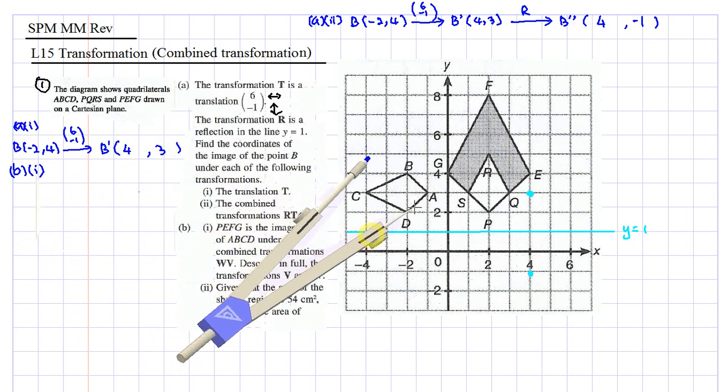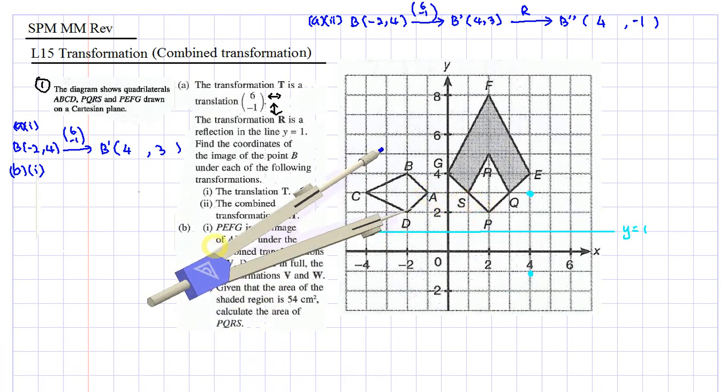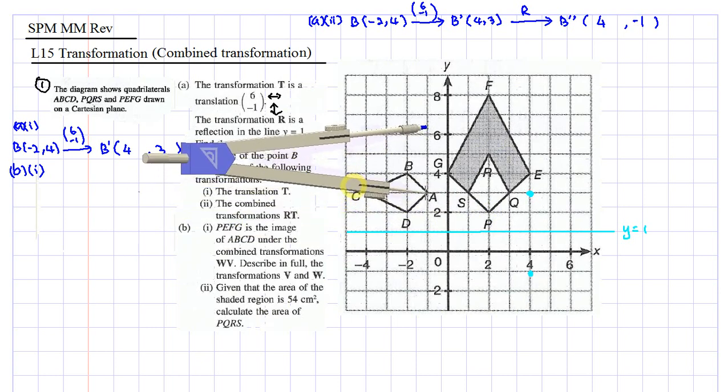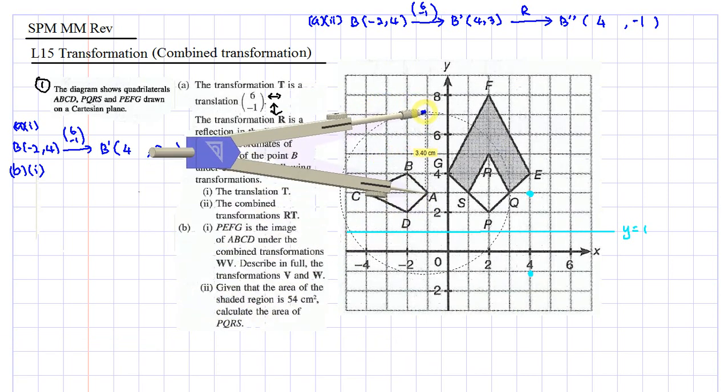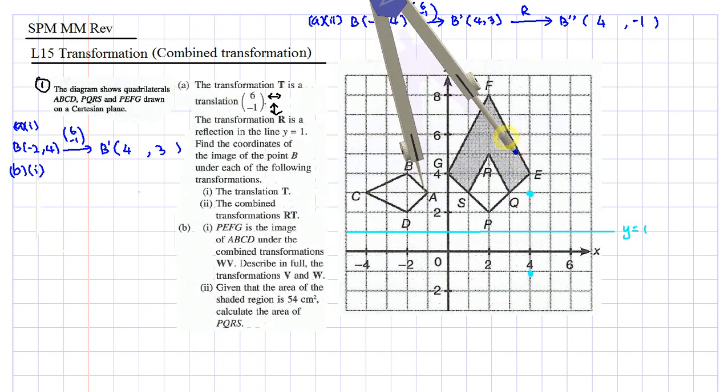Remember, we need two pairs of corresponding vertices. So I just choose A and P. I need to construct the perpendicular bisector.